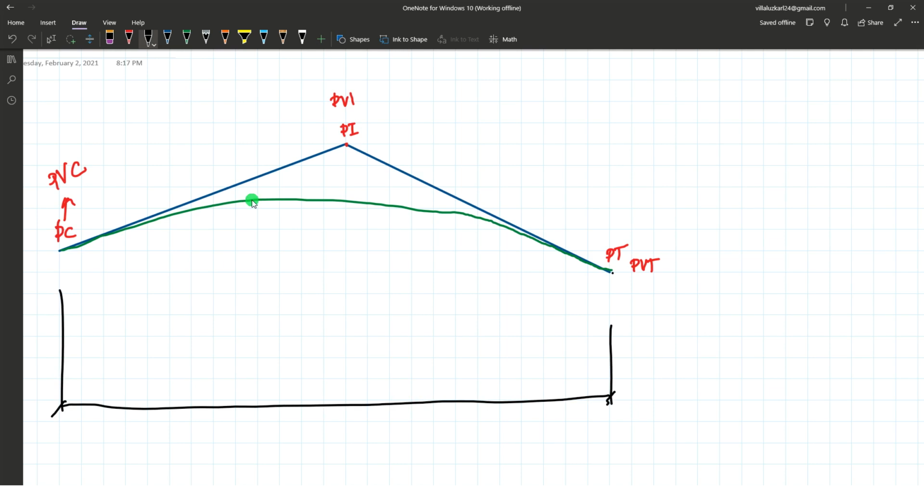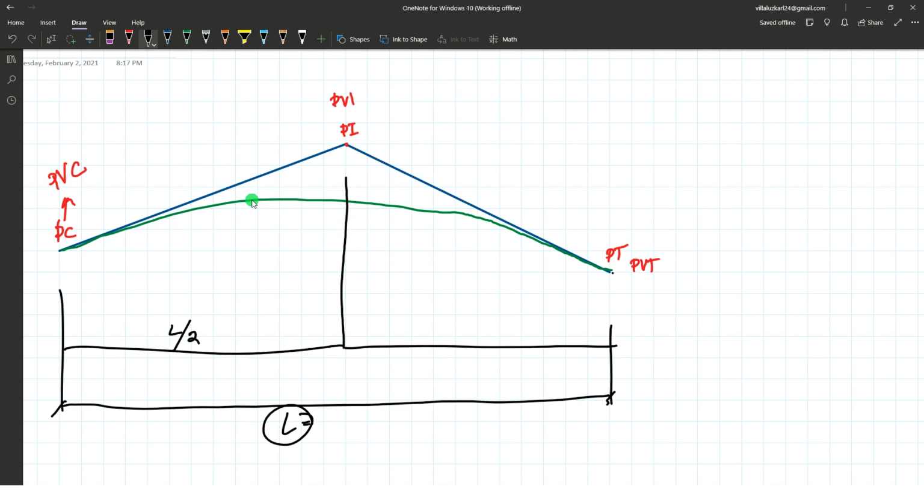That's what matters in determining the length of the parabolic curve, let's say L. Of course, in a symmetrical parabolic curve, the tangents from PC to PI and PI to PT have the same length, which means these distances are the same. So if this is the total distance of the curve, just take half of it. That's the distance. This is a symmetrical parabolic curve.